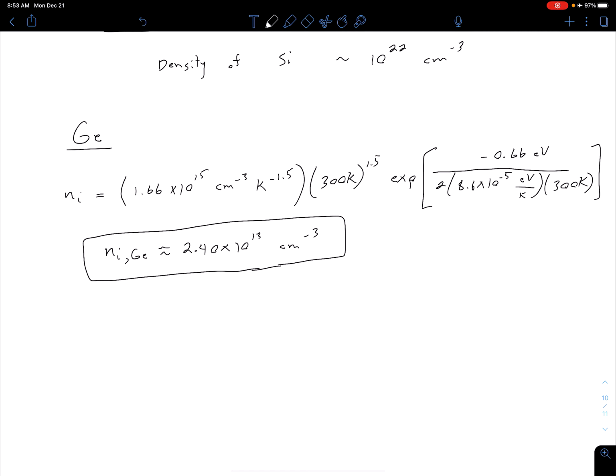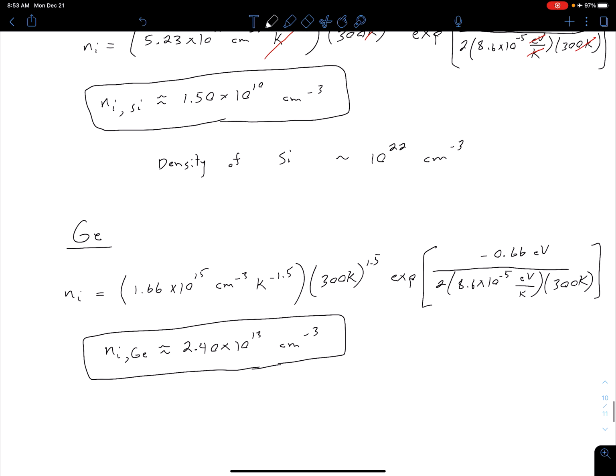So if we're looking at 1 cubic centimeter of silicon, we have on the order of 10 to the 10th free electrons and free holes. If we're looking at a cubic centimeter of germanium, we have on the order of 10 to the 13th free electrons and free holes.